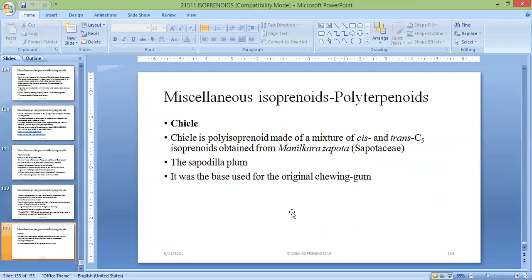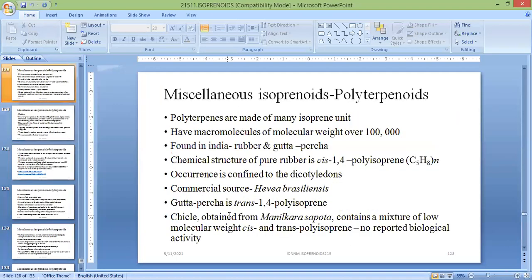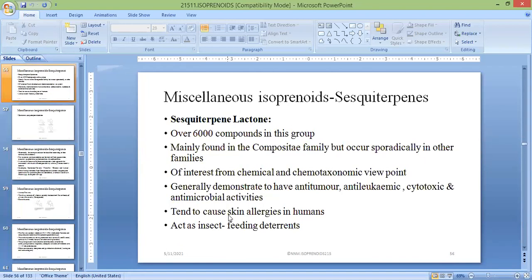Then for the sesquiterpenes, don't forget artemisinin, because it's a commonly asked question, since it's an anti-malarial and we are still fighting malaria in our country.